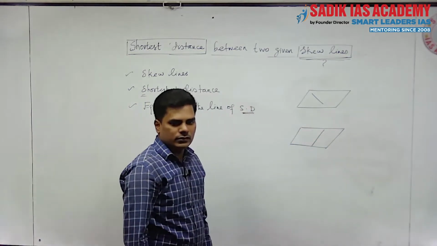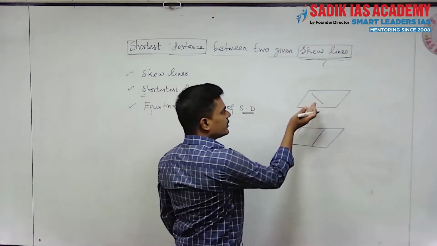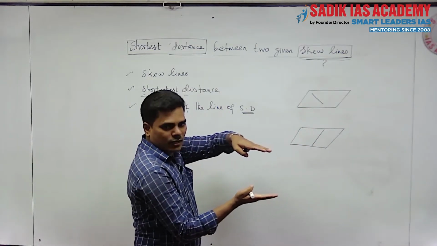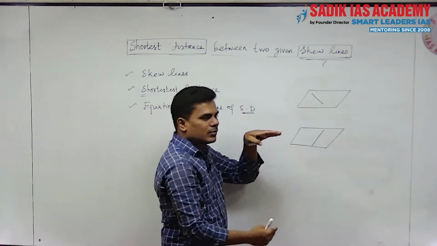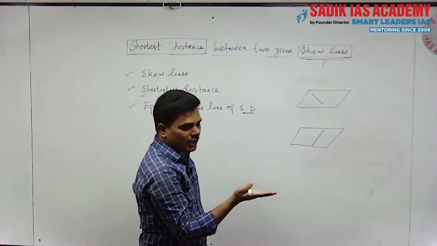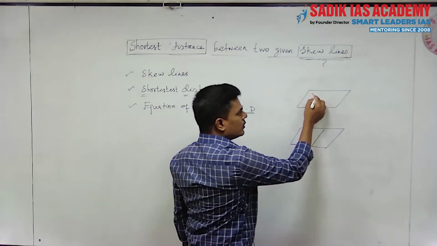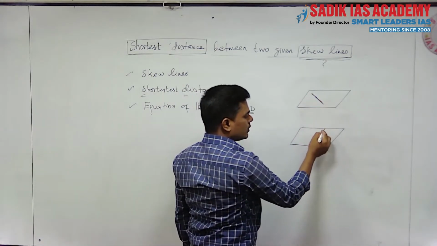These are the two lines. See here, this is in one plane and this is another plane. One line I am taking from the upper plane, the other line from the lower plane, right.